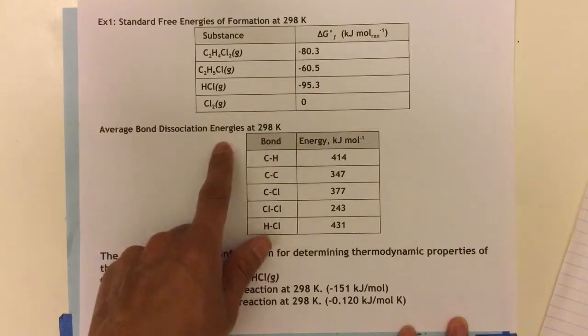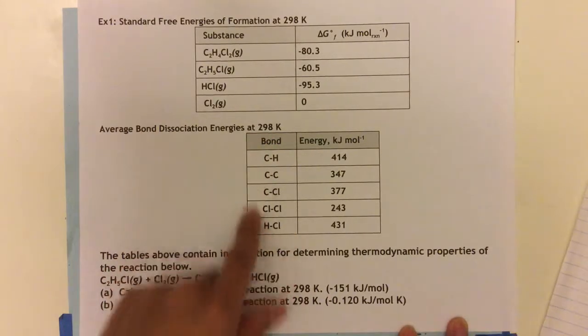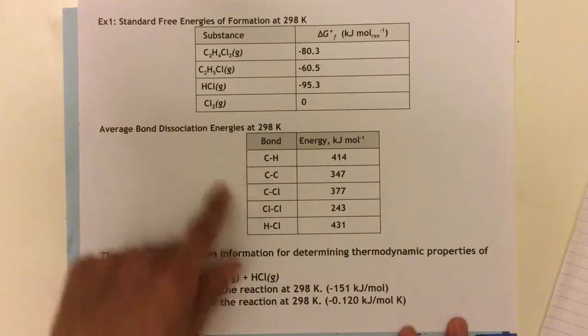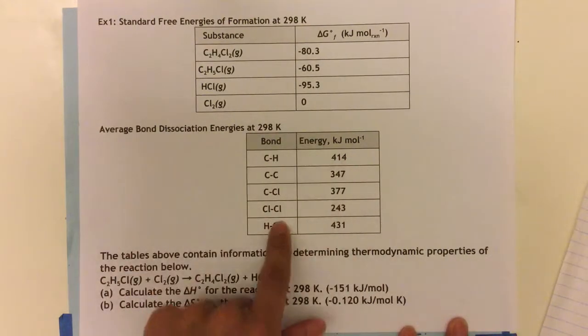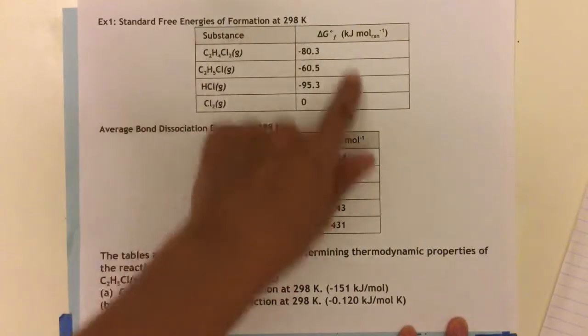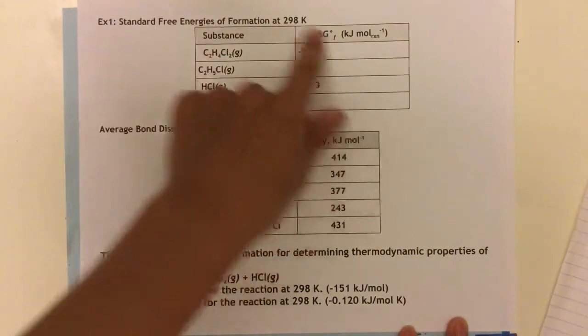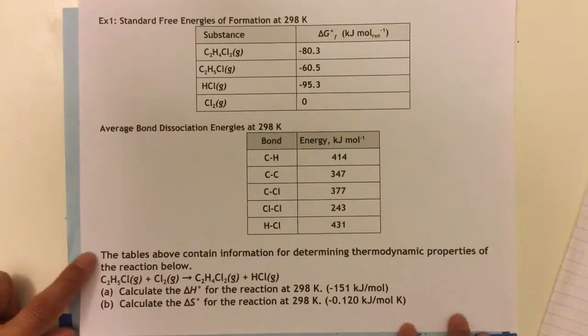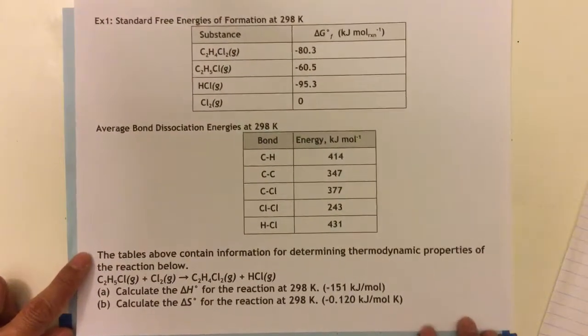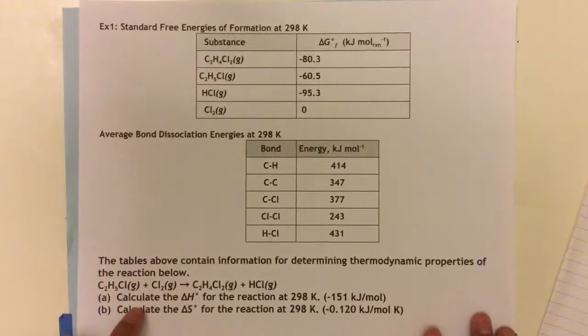That's called bond energy as well. So you're given different bonds, and this is used to calculate your delta H, your change in enthalpy. The other table allows you to calculate the delta G, which is the change in Gibbs free energy of a reaction. So that gives you an idea of how to go about calculating it depending on what you're given.